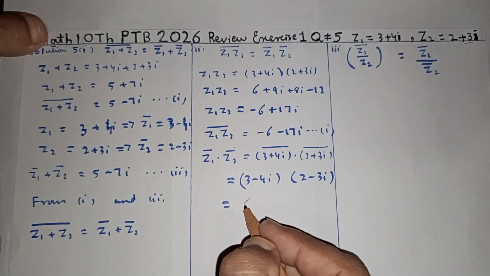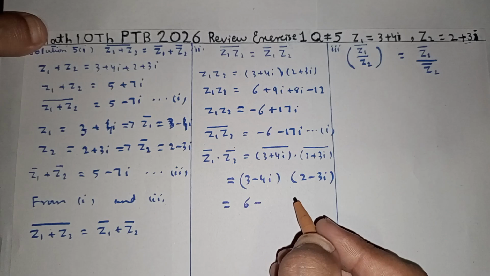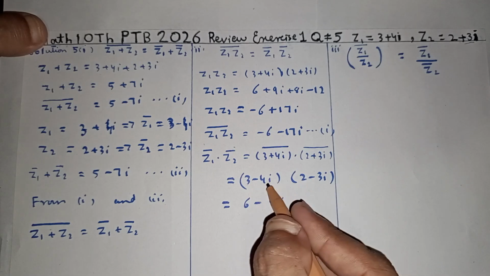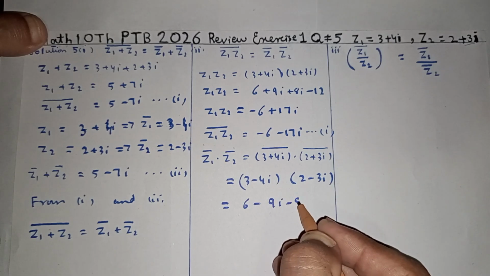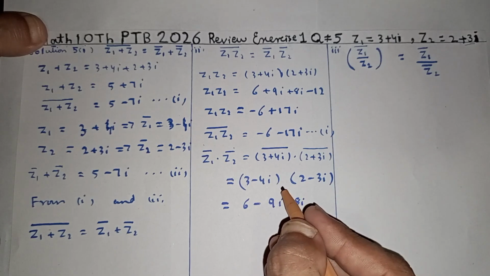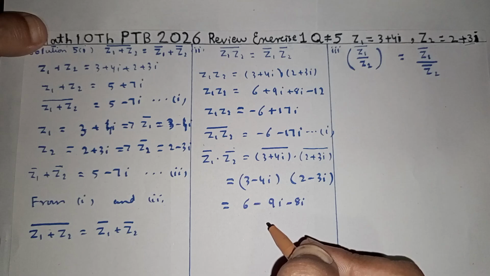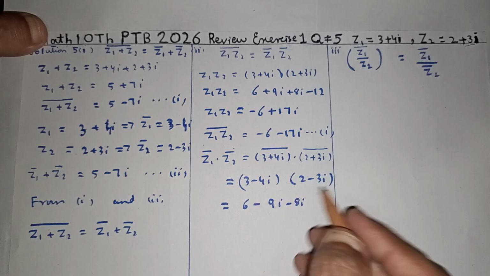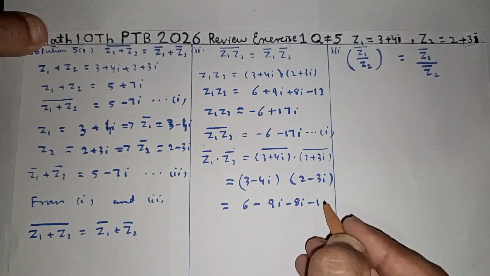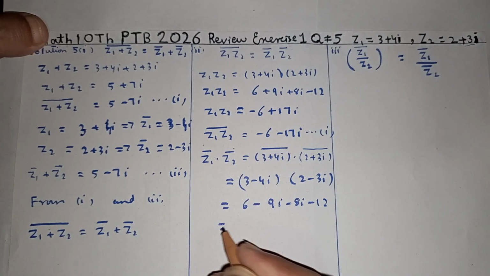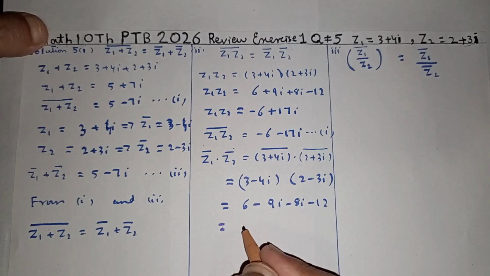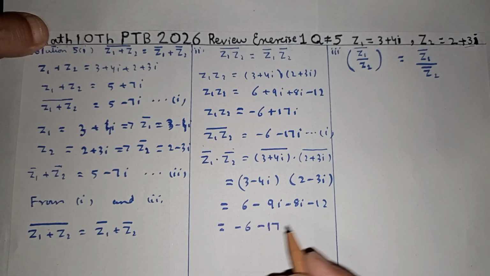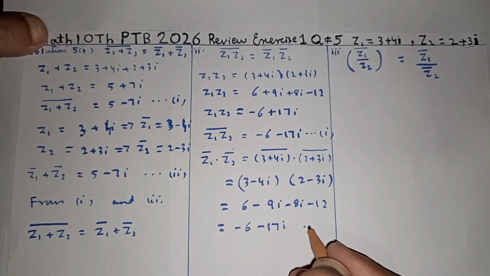Now multiply them. 6 minus 9 iota minus 8 iota plus 12 iota square, which will become equal to the minus 12. After subtraction, we will get minus 6 minus 17 iota, and that is equal to the equation 2.